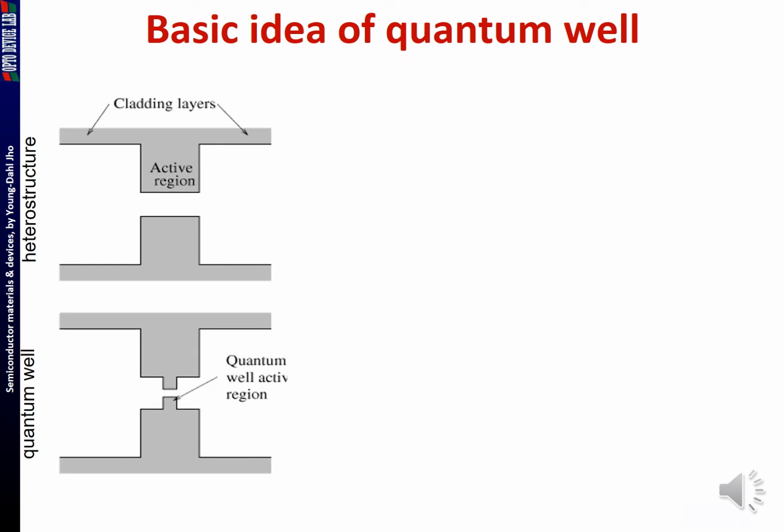And then there comes the quantum well. There is an active region between the P and N regions, and you need to add a very small area, in quantum scale, which usually indicates a scale less than 10 nanometers.